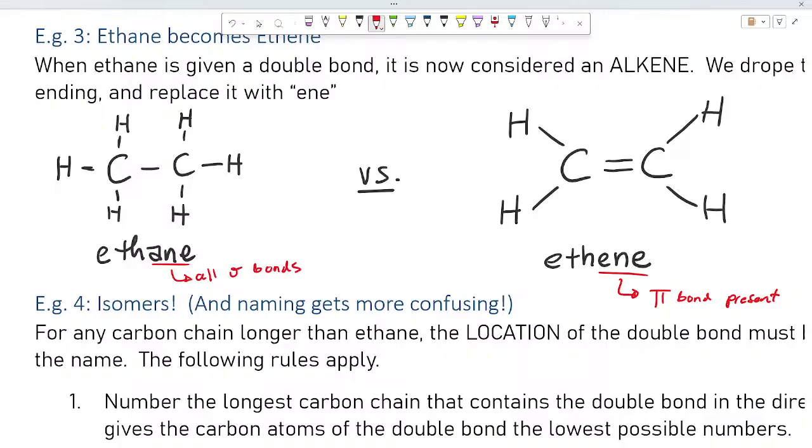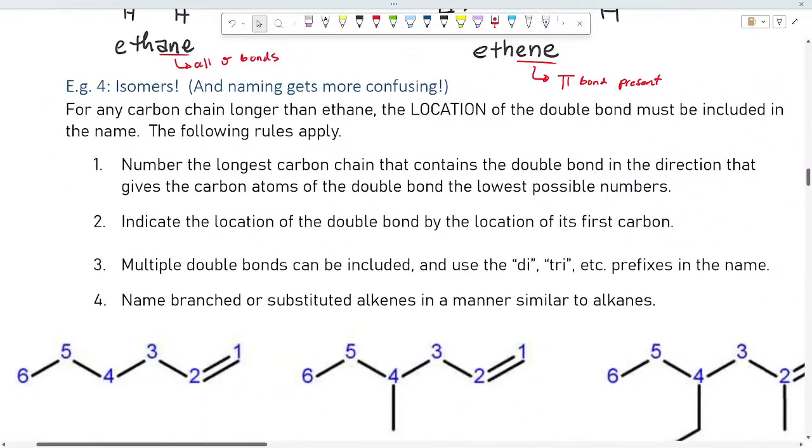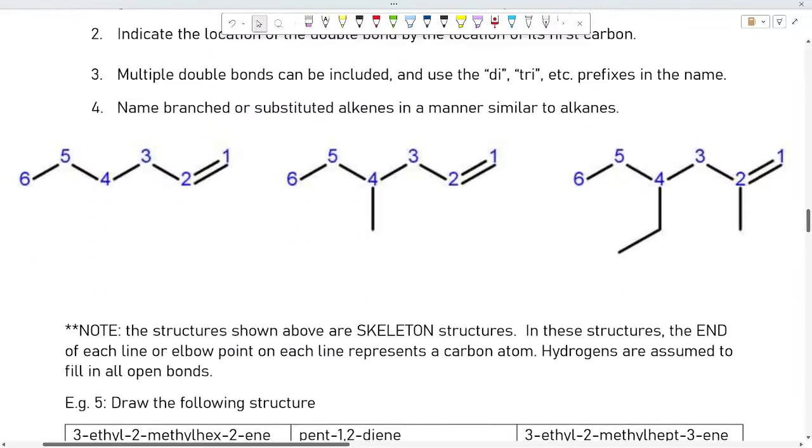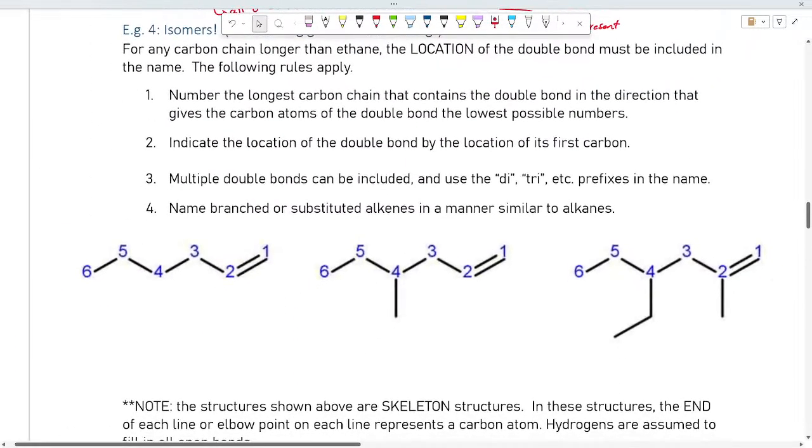It makes sense, right? So what we do is, for longer ones, here are 3 different examples. I don't love any of these, but that's okay. These shouldn't have been my examples. But what's the primary chain here? Hexene. Yeah, it's a hex. If it didn't have the double bond, we would just call it hexane.